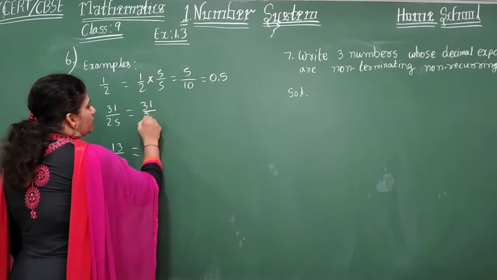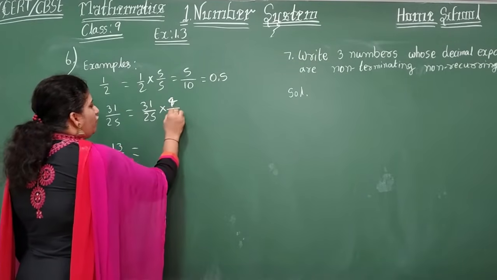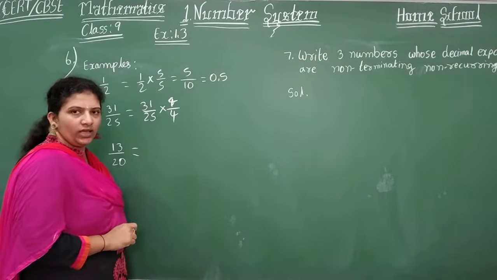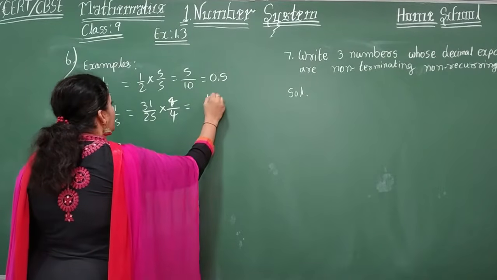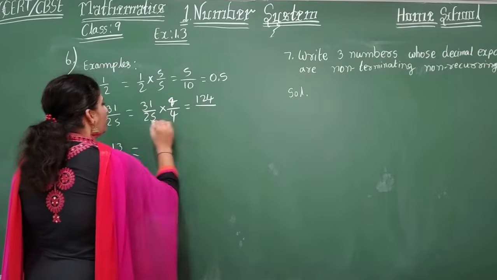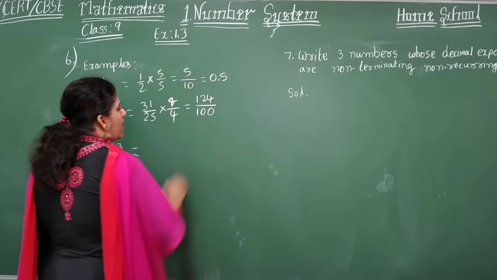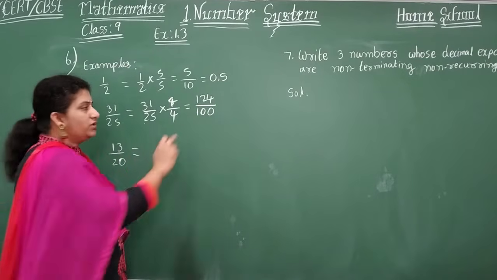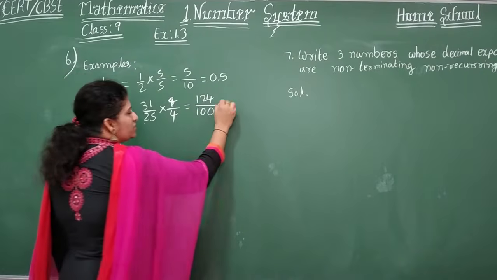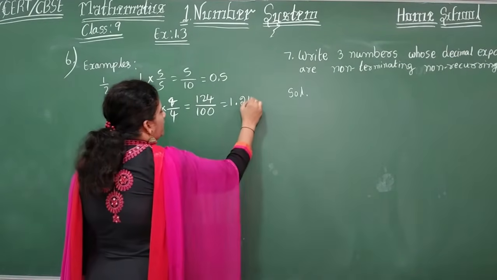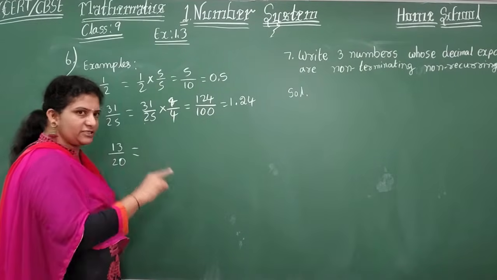So for numerator and denominator multiply by 4. Now 31 4s are how much, children? 124 by 25 4s, which is 100. So now how many zeros do you have? 2 zeros, right? After 2 digits you place a decimal, 0.24. Okay, it is a terminating decimal expansion.